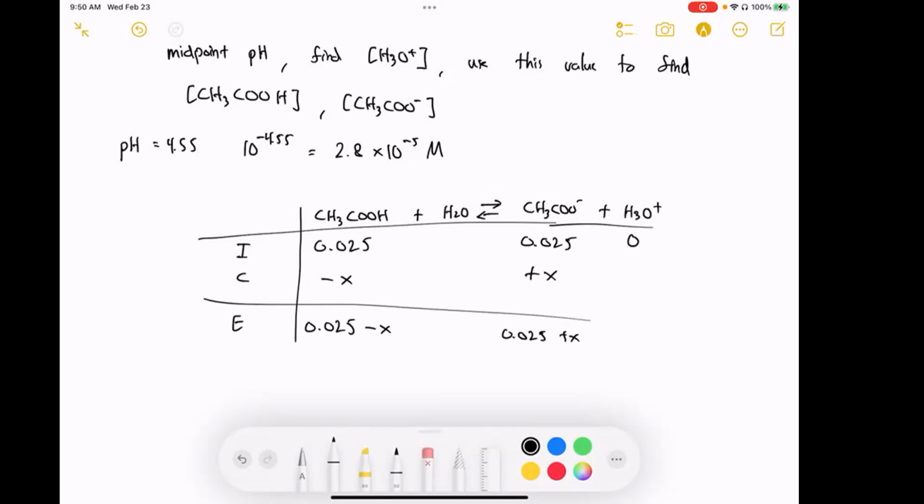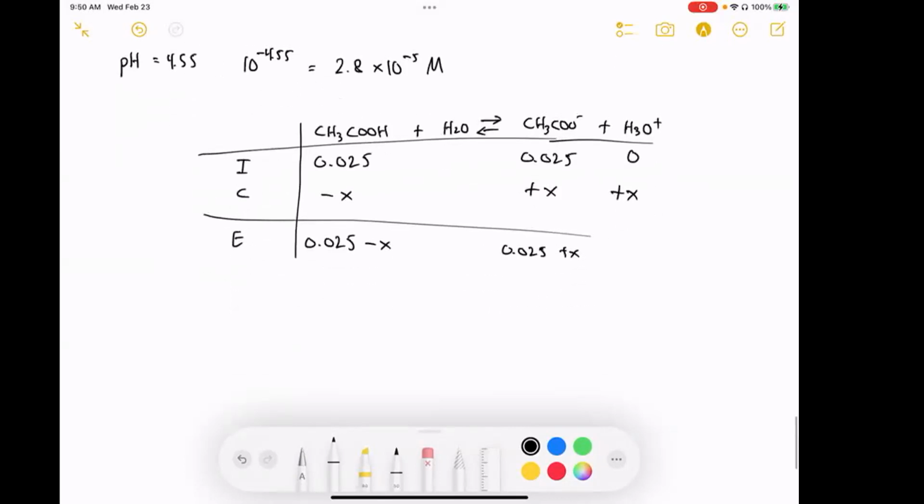It turned to water at the equivalence point, so it'll be plus X. Okay, so we know that X is equal to 2.8 times 10 to the negative fifth.